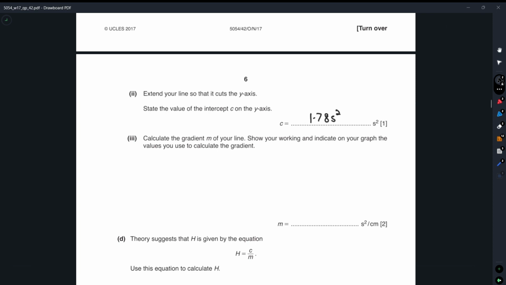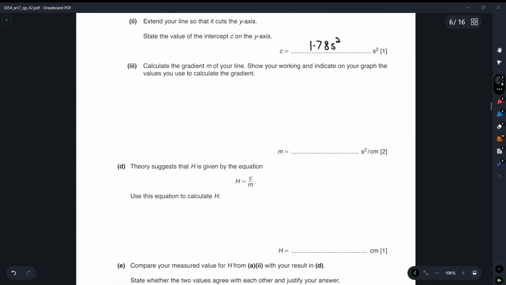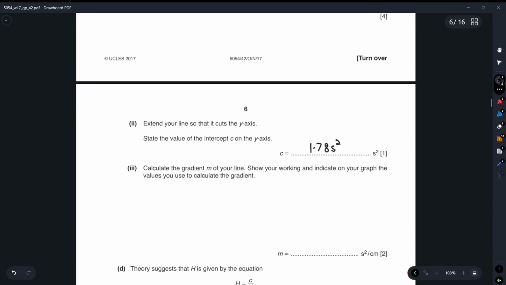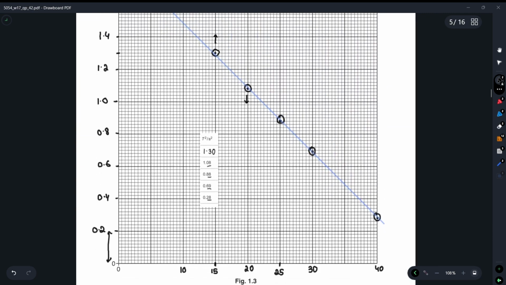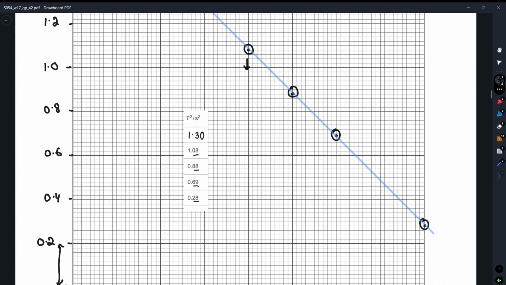Take it. And then I'm going to go with calculate the gradient. All right, so let's figure out the gradient. Usually it also says show your working and indicate on the graph the values you use. So we need to state the values we use. Let's pick an exact value from somewhere around here.